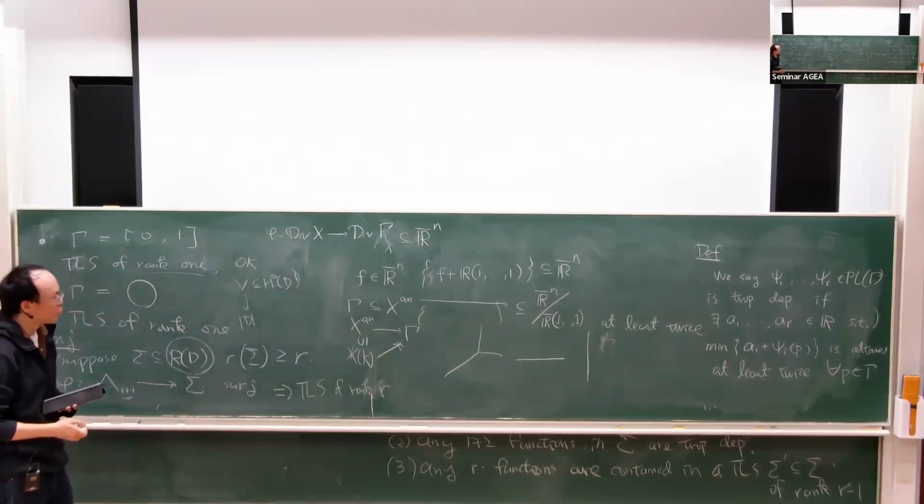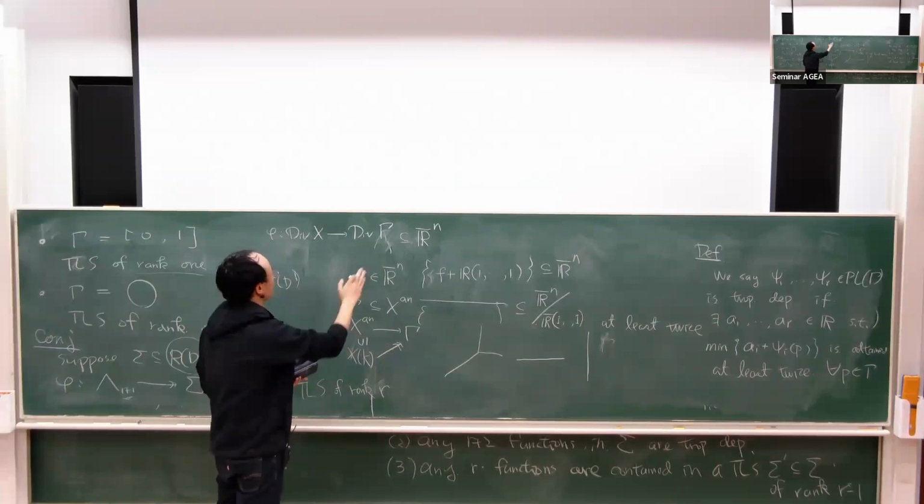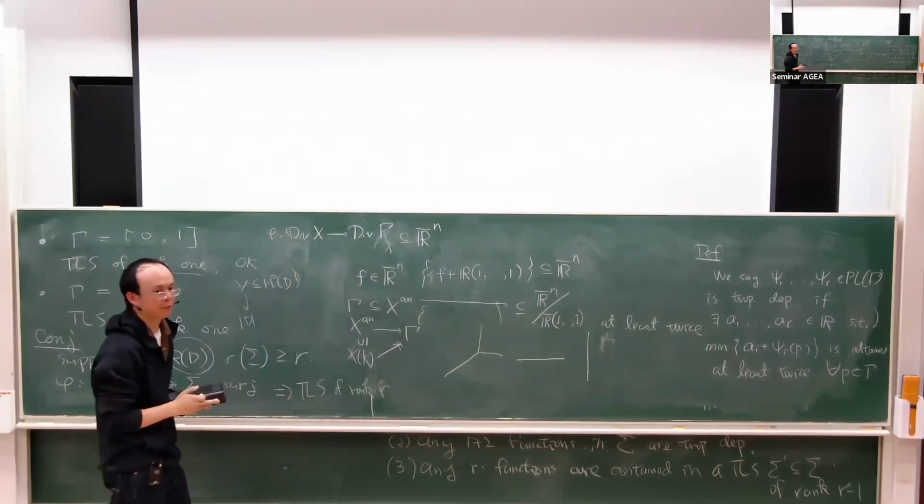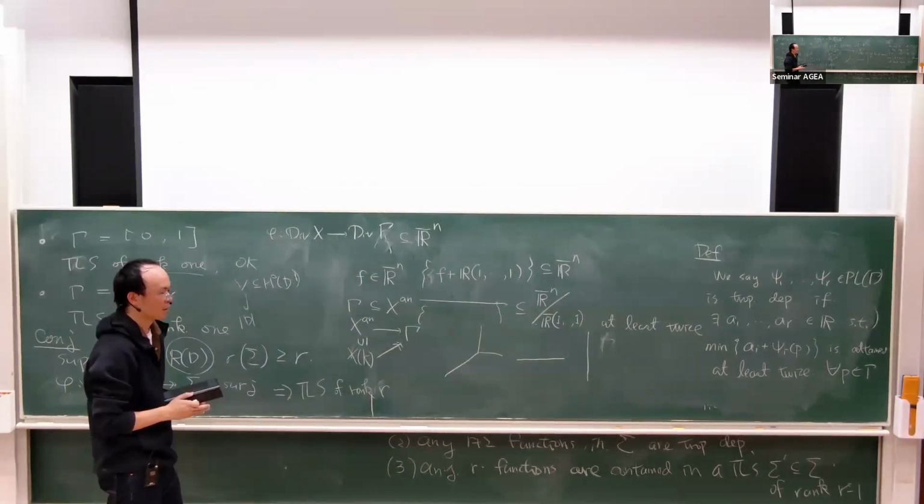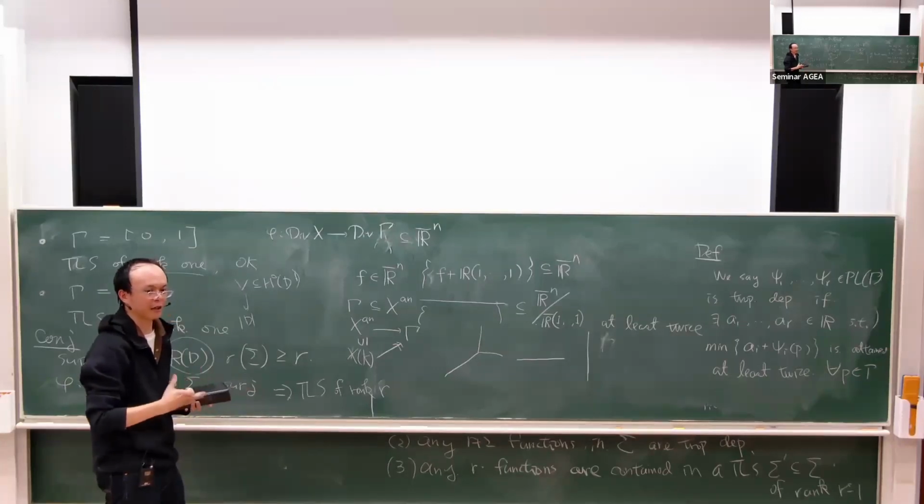Actually, yes, we still need it. Sorry, let me withdraw what I just said. We do need such a map because we want to lift the divisor on a graph.